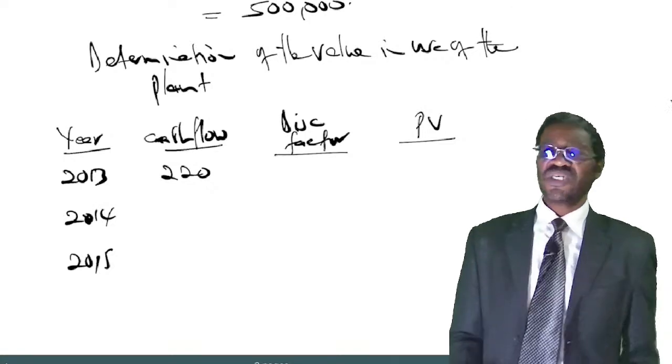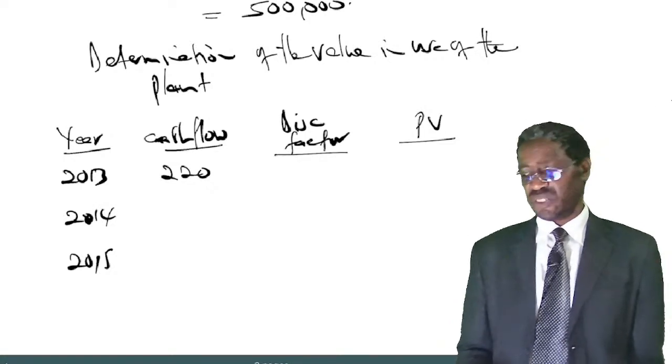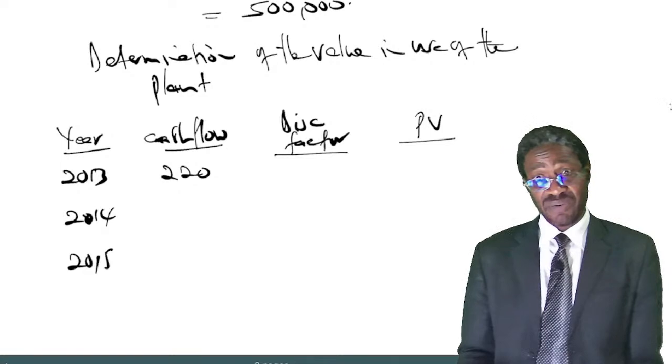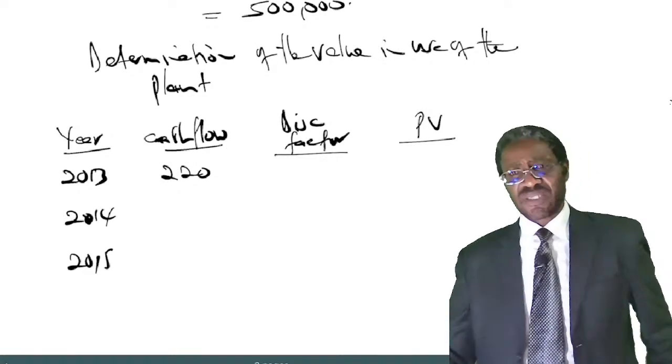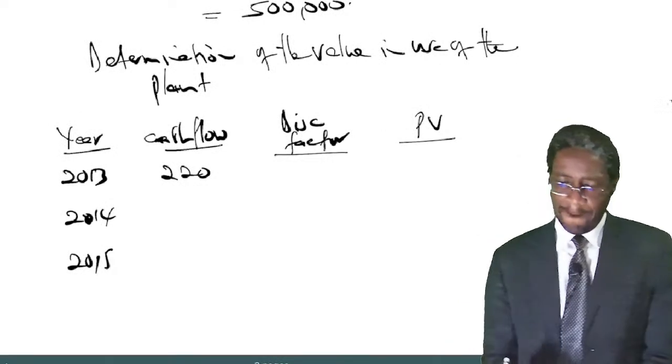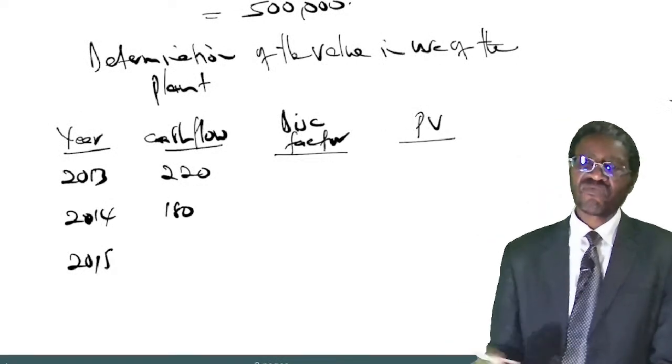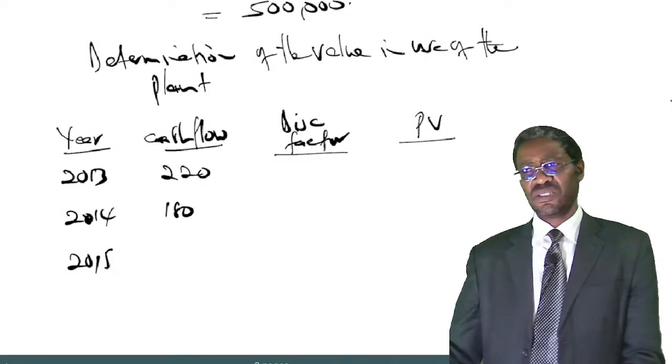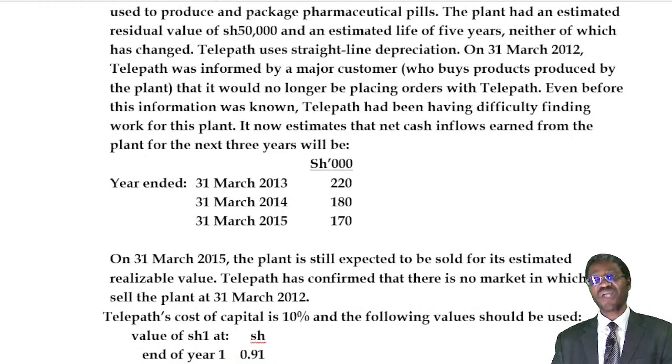Let me keep it in terms of thousands for now. Next, 2014, we are projecting 180,000. 2015, we are projecting how much? 170,000.